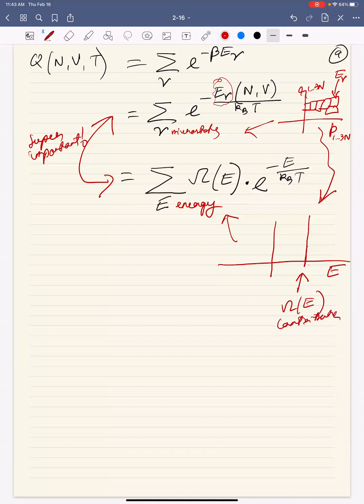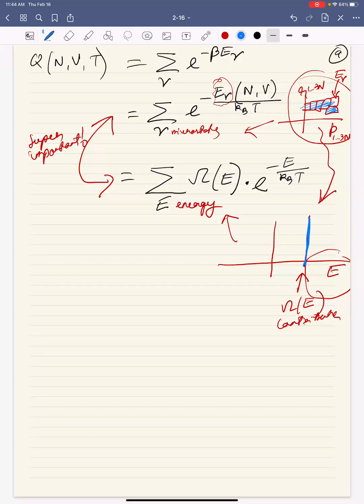So when you go from this 6N dimensional space to a one-dimensional space, you are taking lots and lots of boxes which had the same energy and compressing them into one line, right? This line is ignoring the information that in very, very high dimensional space, this has some energy, this has some energy, this has this energy, this has that energy, right? All these possible arrangements have the same energy.